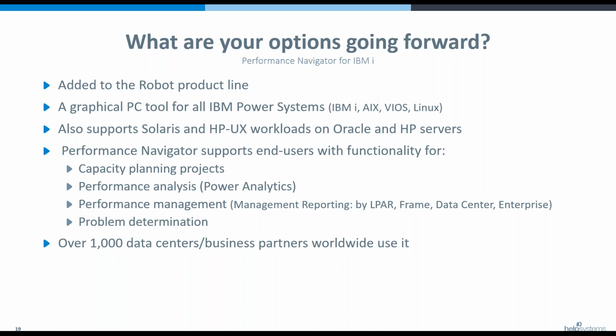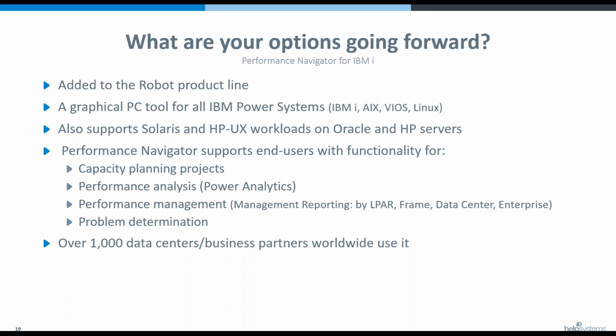It's a graphical tool that gives you the ability to run from your IBM Power systems and be able to grab the information and have that historical information, which is really the key thing. It also supports other Unix platforms besides IBM AIX. We can also bring in data from HPUX and Oracle environments if need be.